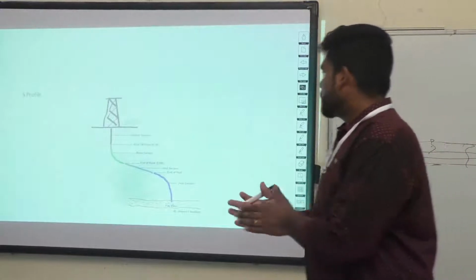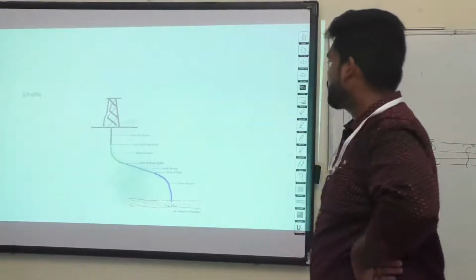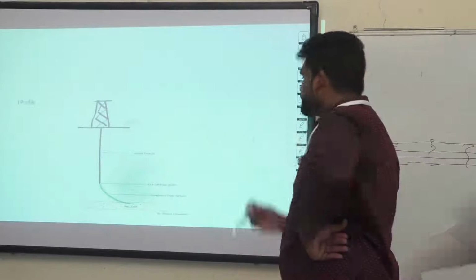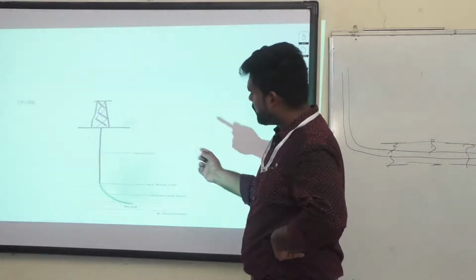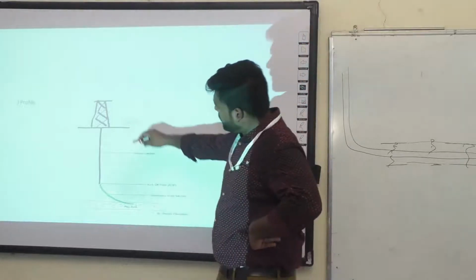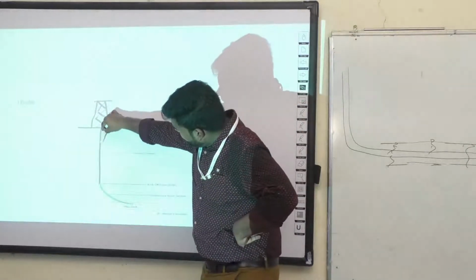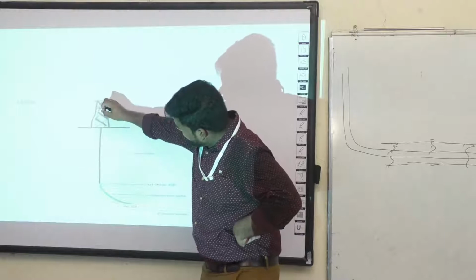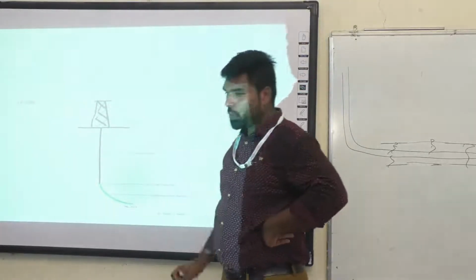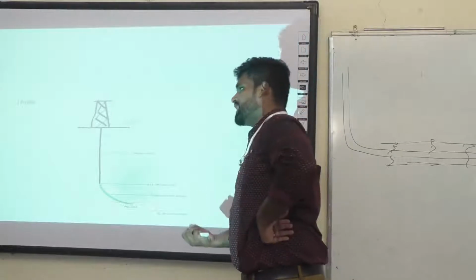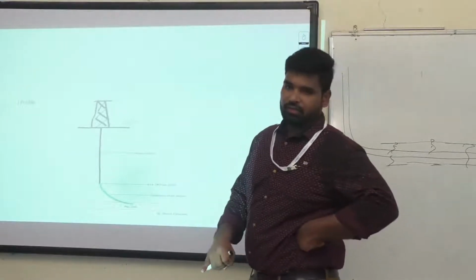Okay, now we can see the next profile, which is the J profile. It doesn't have an S profile build or an L profile build. See here, you will have a large vertical section. From there, you will be deviating the well like this. You won't have a hold section or a drop section.